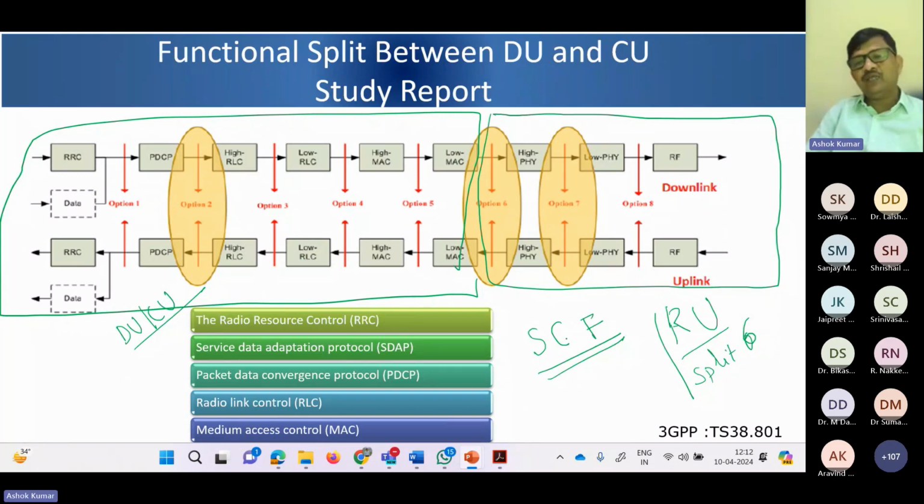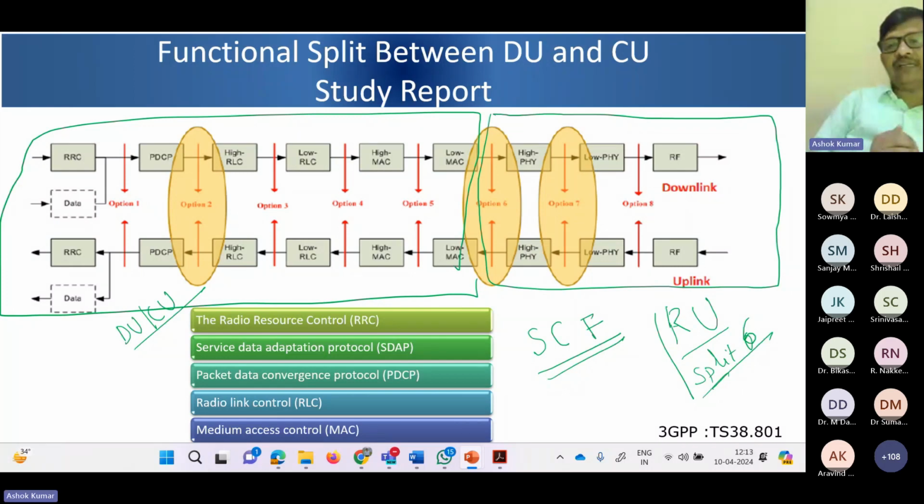Can anybody tell me why split 6 is beneficial for a small cell? Any idea? When we have a small cell, maybe operating on millimeter wave, the recommendation is to use split 6, that is, the physical layer along with RF.